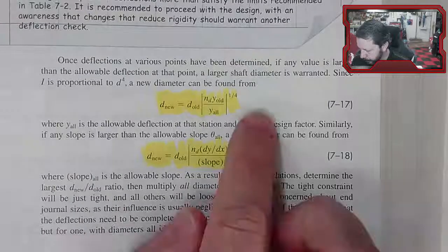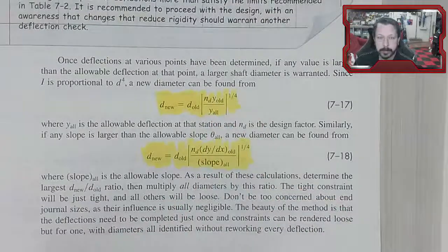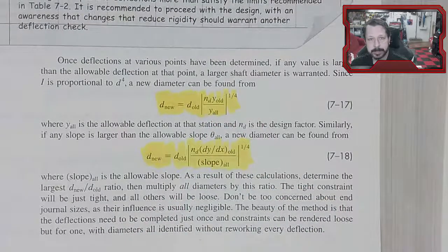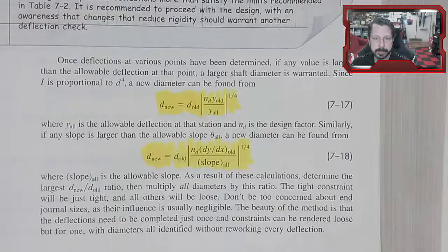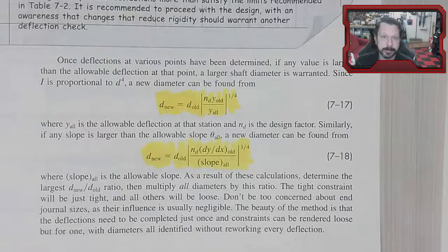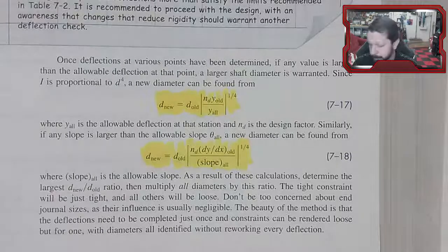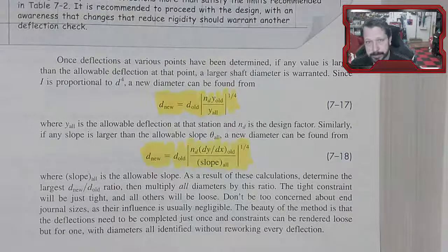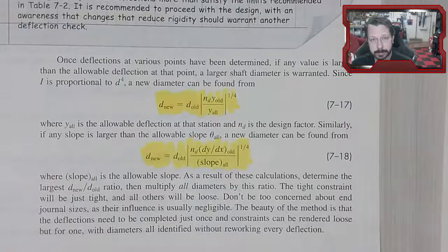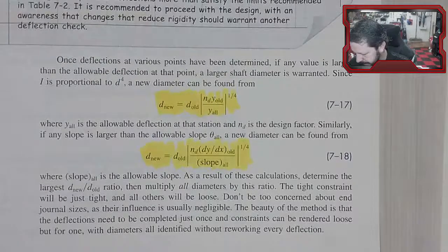And this 1 to the 4th has to do with, remember last time we said that deflection was not material dependent, at least in general, because most all the materials that we're going to use are steel, which have more or less the same modulus of elasticity. So if you have a different material, obviously you could change this by changing materials. But most shafts are going to be just a steel, which has pretty constant modulus of elasticity.